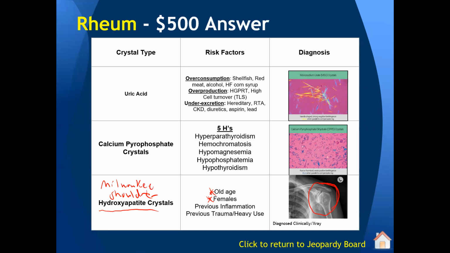You can do microscopy to look at the crystals, but it's really not specific. So diagnosis is really going to be clinical, and then treatment is basically typical stuff, physical therapy, NSAIDs, but then you actually want to aspirate that joint and put steroids into it. So kind of a new one, but this was a mix-up question, and it was pretty hard, that's why I put it on here. So Milwaukee Shoulder.